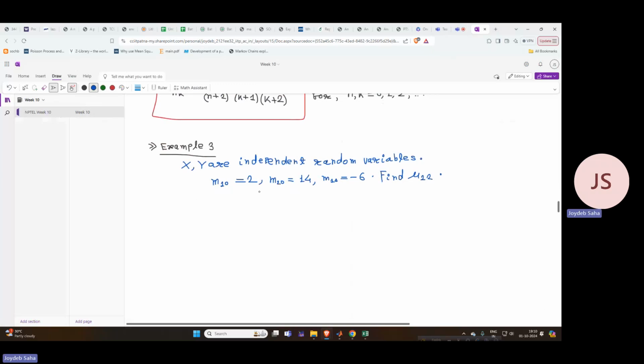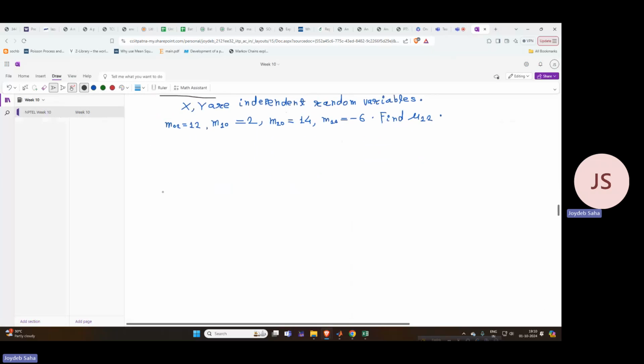Okay, m10 is given, m20 is given, m11 is given, and also given is m02. m02 is 12. Okay, so let us try to calculate.